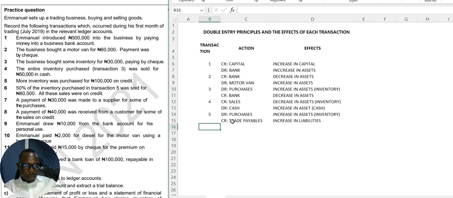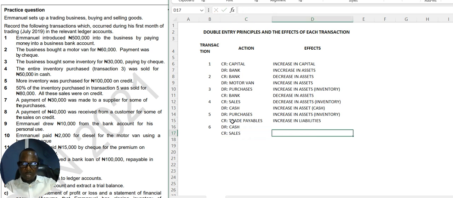Transaction 6. 50% of the inventory purchased was sold for 80,000. What happened? Money came in, right? So if 50% was sold for 80,000, money came in, but some inventory has gone out. So you debit cash and credit sales, right? All right, so what is the impact?